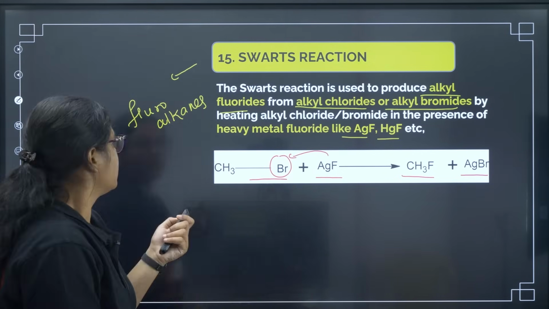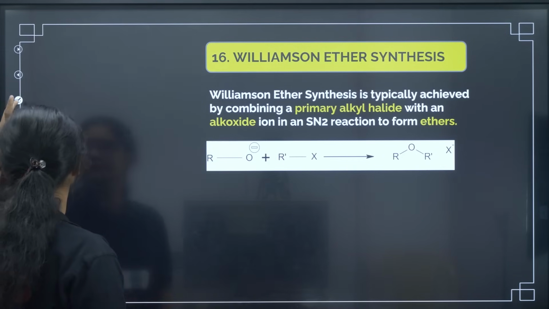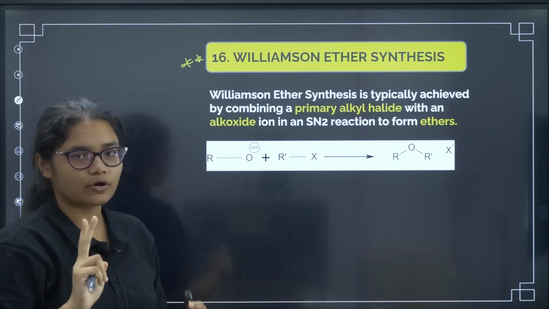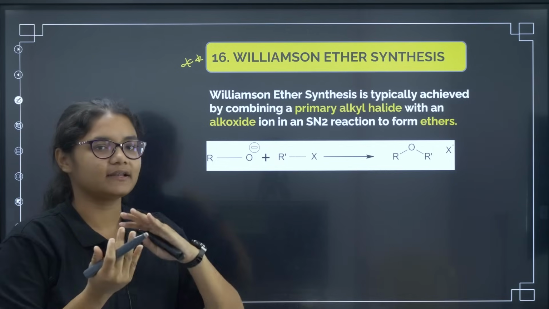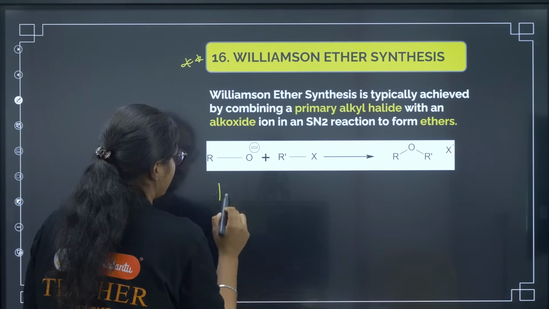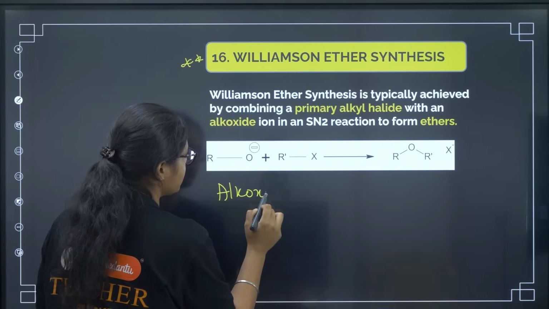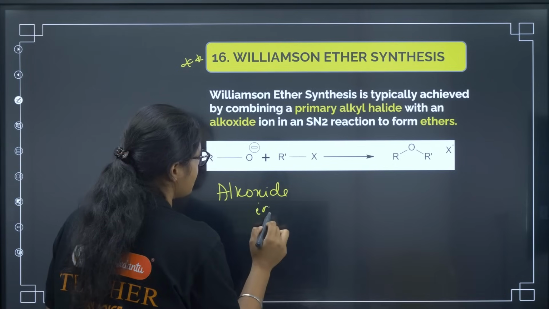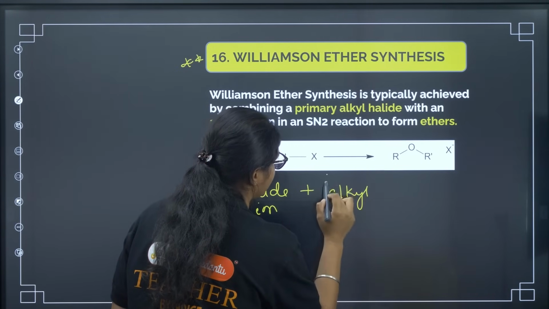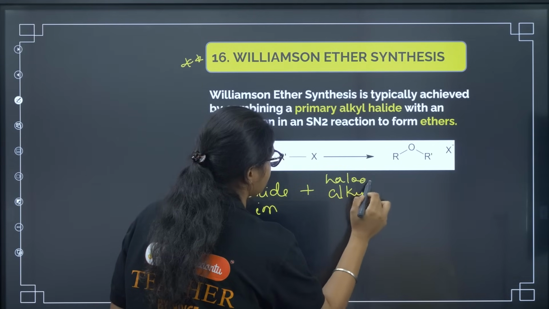Next, Williamson ether synthesis, a very important reaction. In ethers, we have two important concepts: one is Williamson ether synthesis, another is cleavage of ethers. In this, there are two reactants: one is alkoxide ion and another is a haloalkane.